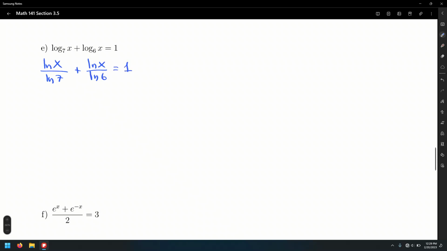Well, so you might want to combine these fractions together. However, I'm going to do this by multiplying by the least common denominator on both sides. It turns out that the least common denominator will be the product of these two numbers right here. In the same way that you added fractions like x over 7 plus x over 6 equals 1, multiply both sides by the product of these two numbers.